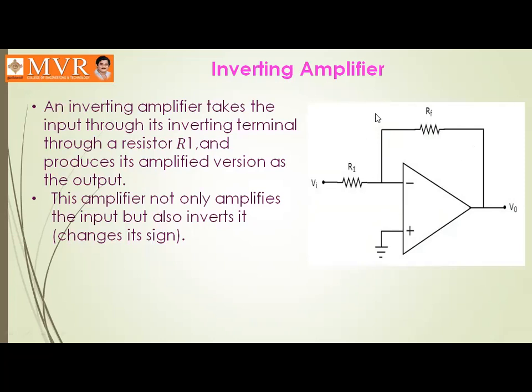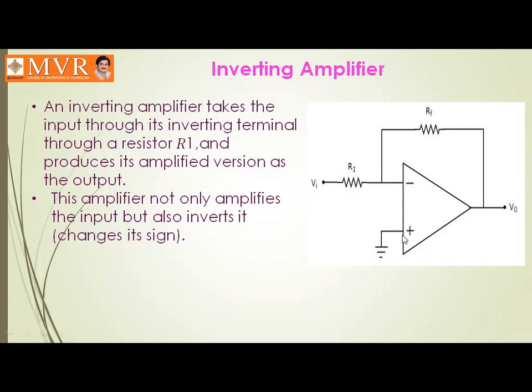See here, this is the circuit for an inverting amplifier. Here we are giving the signal which has to be amplified to the inverting input of an operational amplifier. Observe that the input signal is given to the inverting input through a resistor R1, and the non-inverting terminal of the op-amp is grounded.